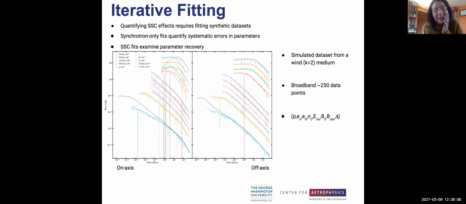I have a question. So, when you generate the simulation, where does it come from? What do you use to make the simulation? So we used our initial modeling code to generate a high resolution light curve, so one that had a very narrow time base.